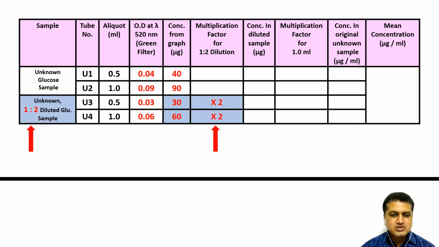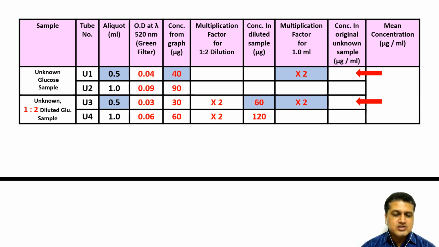As U3 and U4 samples are 1:2 diluted, their concentrations must be doubled. So, U3 and U4 samples now have 60 and 120 micrograms of glucose respectively.